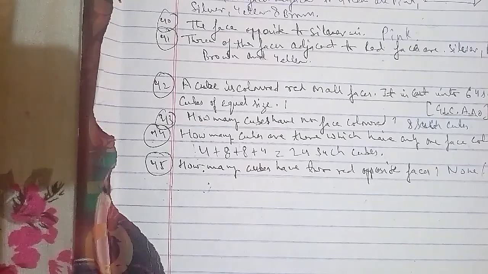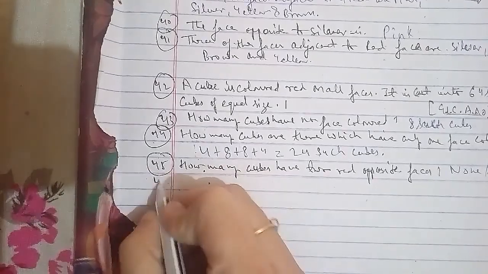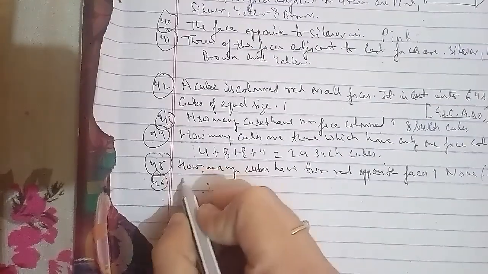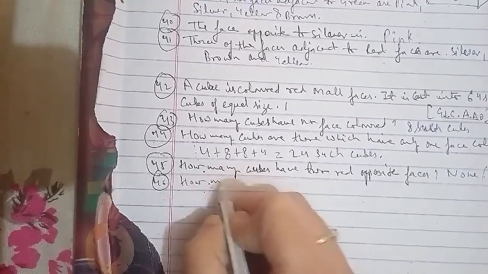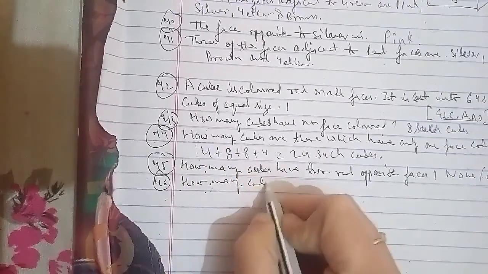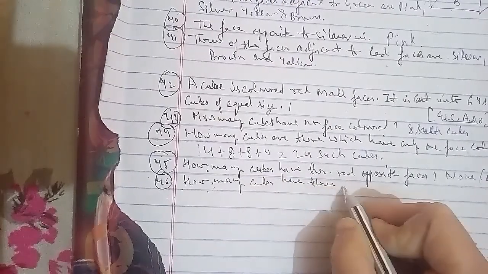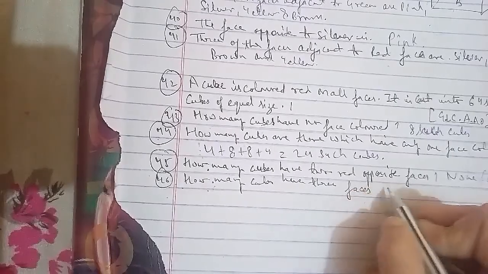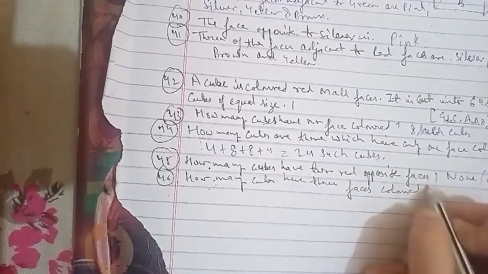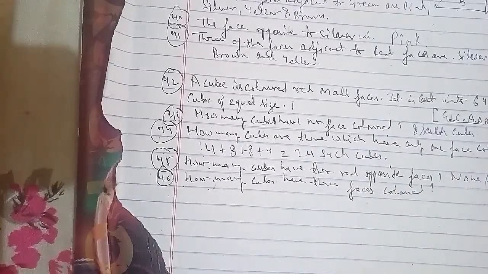Options we have are 24, 16, 8 and 4. For the solution, the 4 corner cubes in layer 1 and the 4 corner cubes in layer 4 have 3 faces colored. Thus there are 8 such cubes. That is the answer.